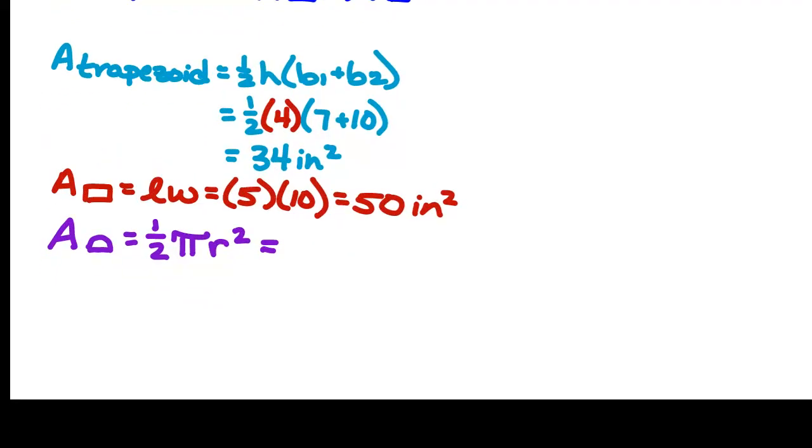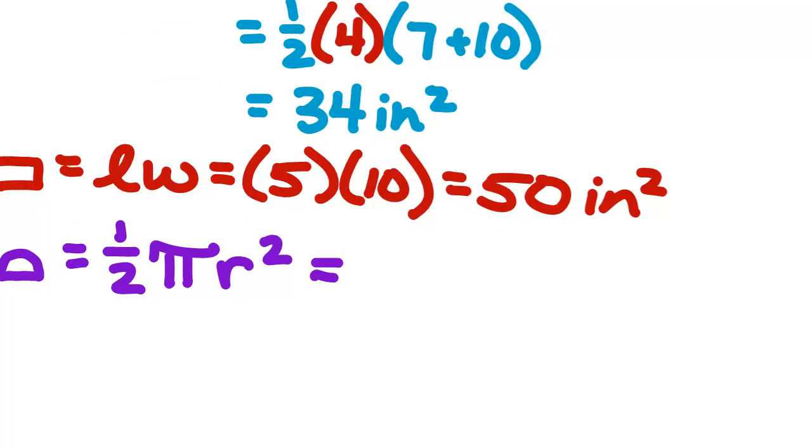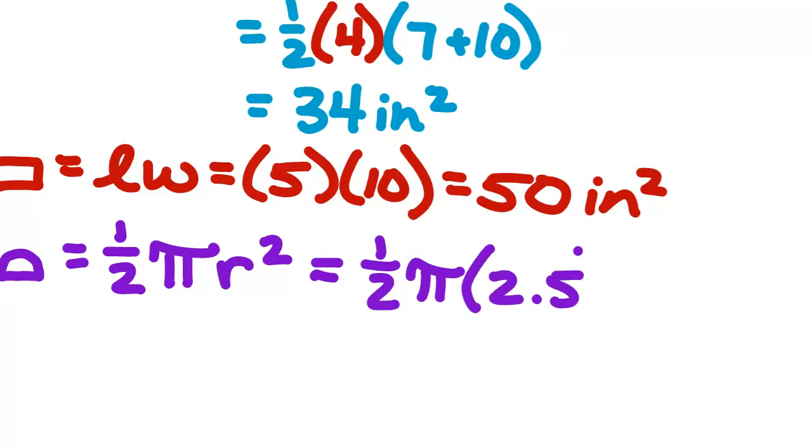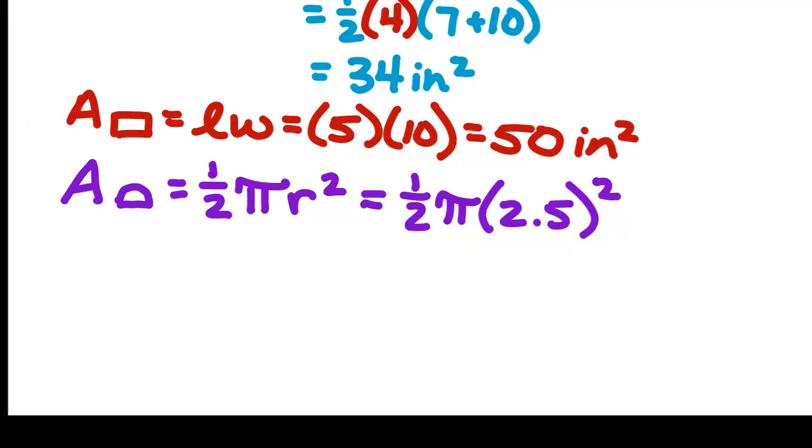So for the area of the semicircle, we have 1/2 times pi times 2.5 squared. What is 1/2 times pi times 2.5 squared?